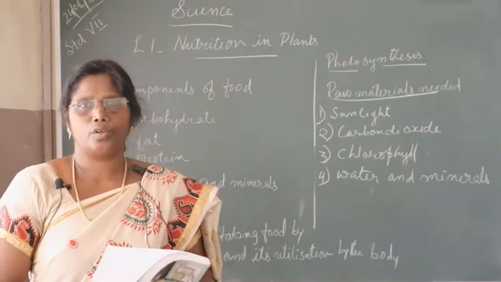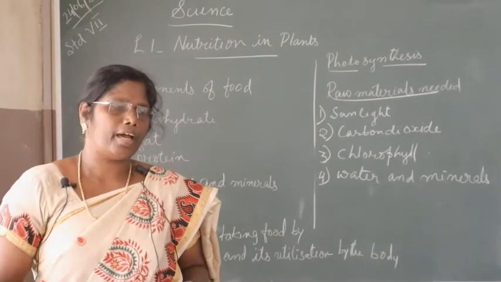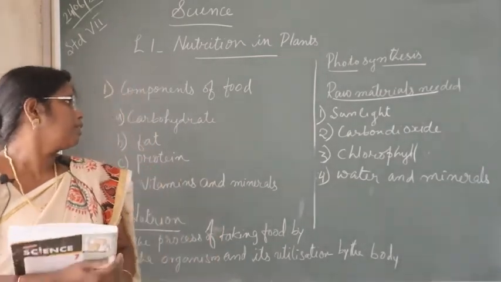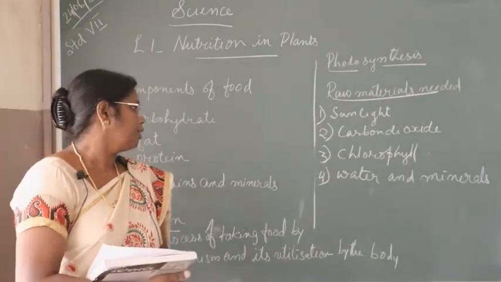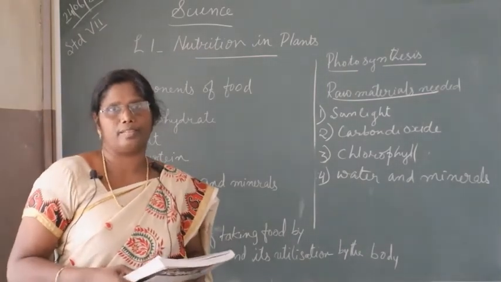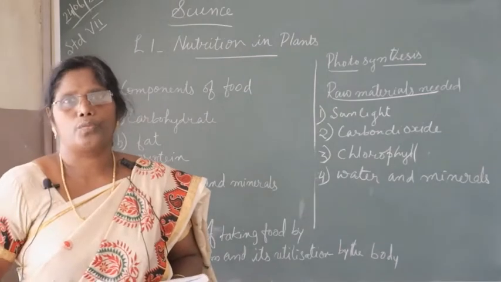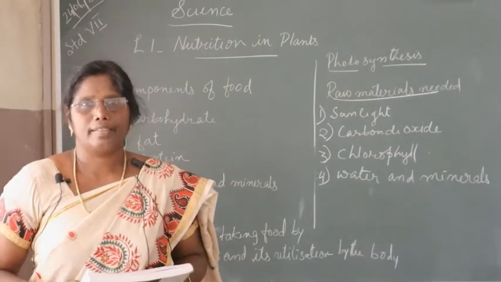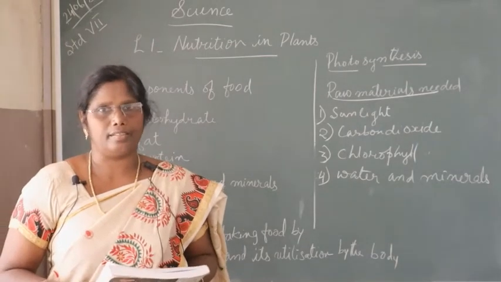Now, in the process of photosynthesis, plants prepare their food with the help of chlorophyll, carbon dioxide, water, minerals and sunlight. During photosynthesis, the green pigment called chlorophyll traps the sun's energy.